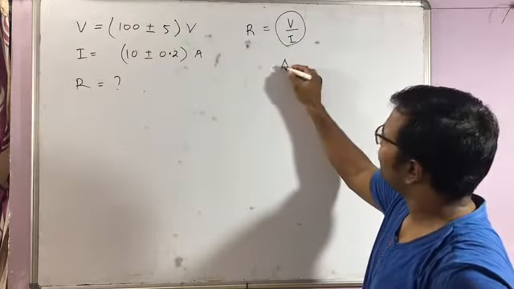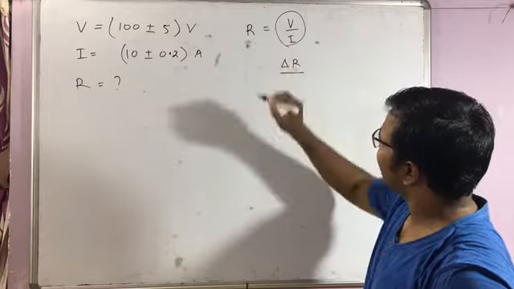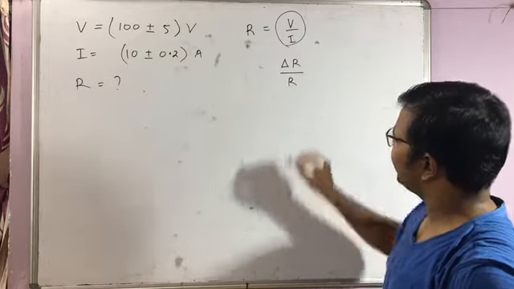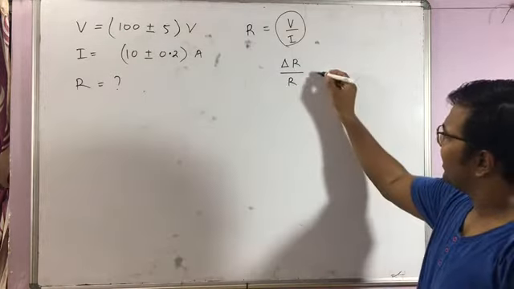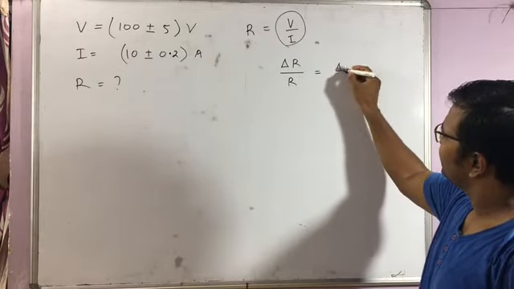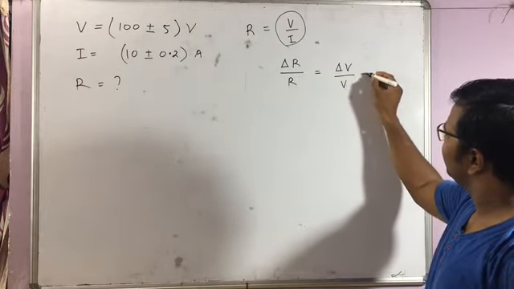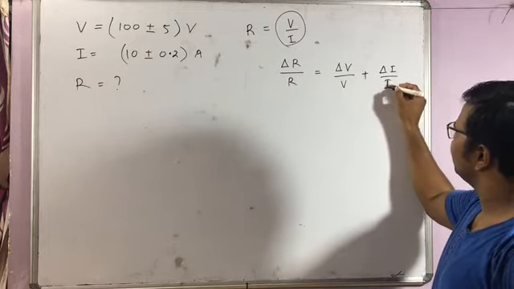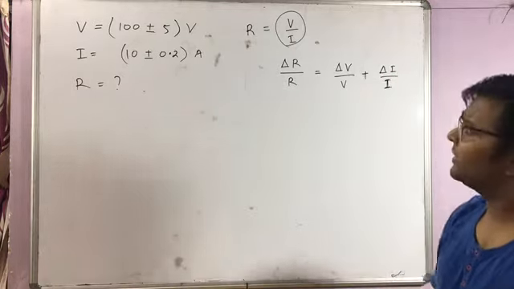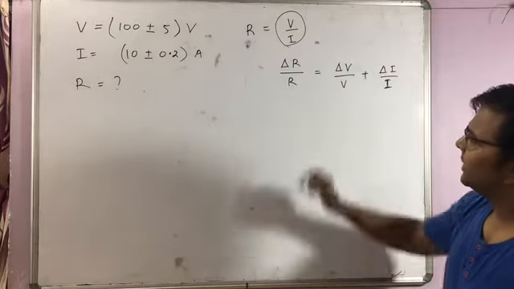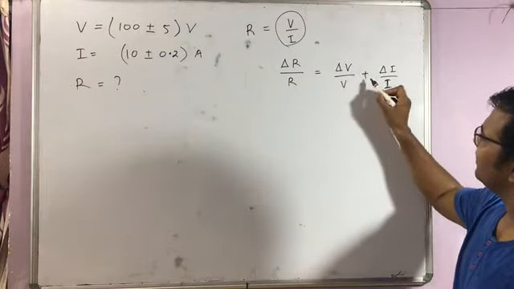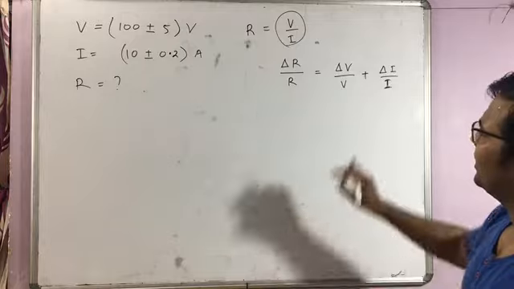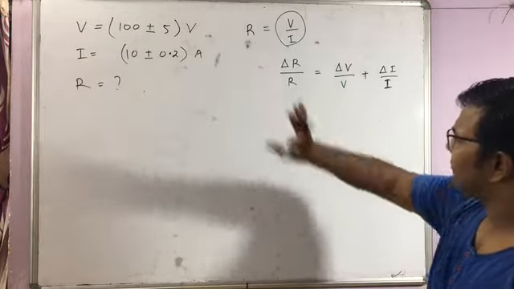While calculating the relative error in R, we can write del R by R will be given by del V by V plus del I by I. That is the maximum permissible relative error in the measurement of R. Now we need to find out the data from there.